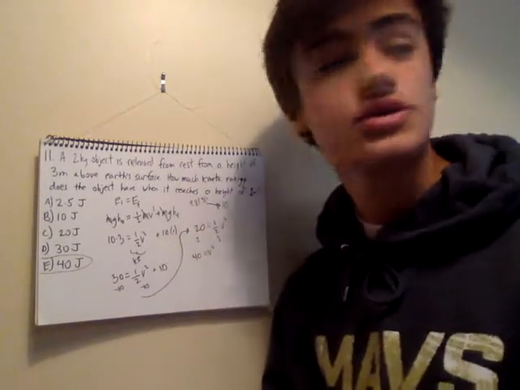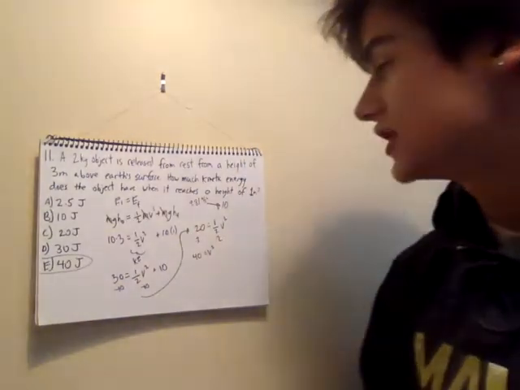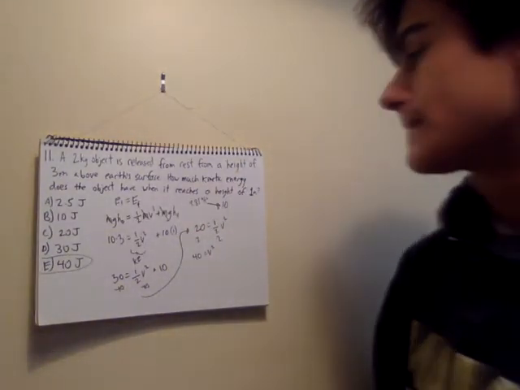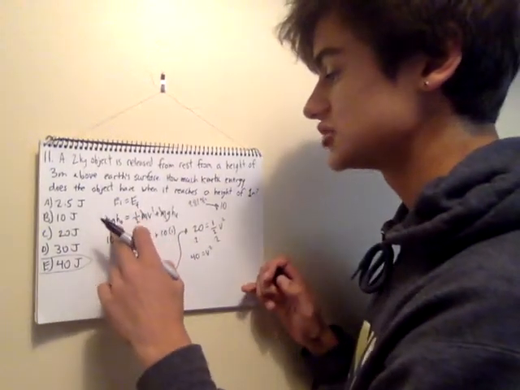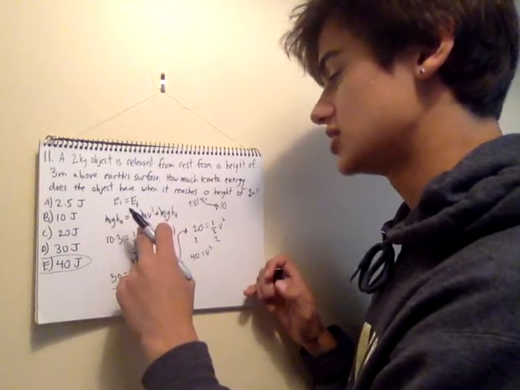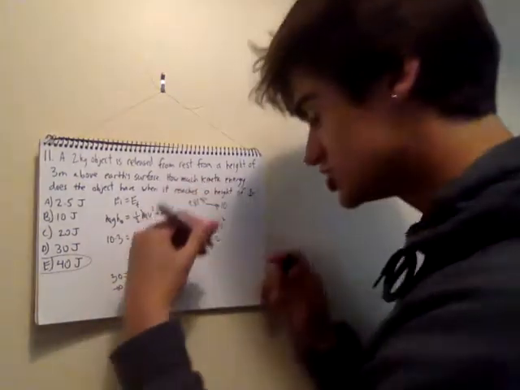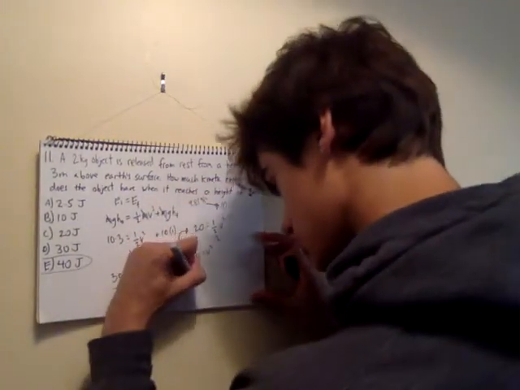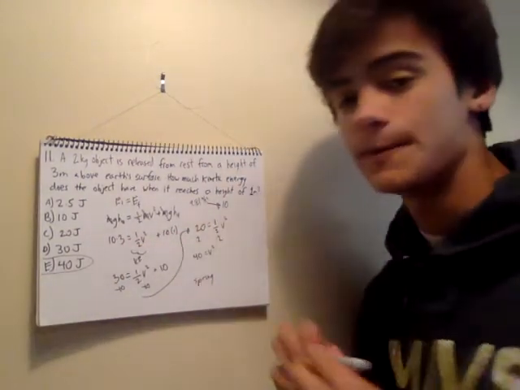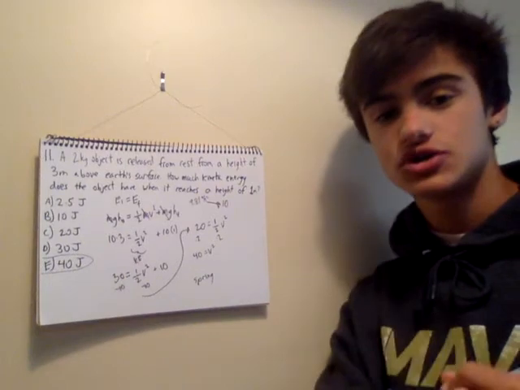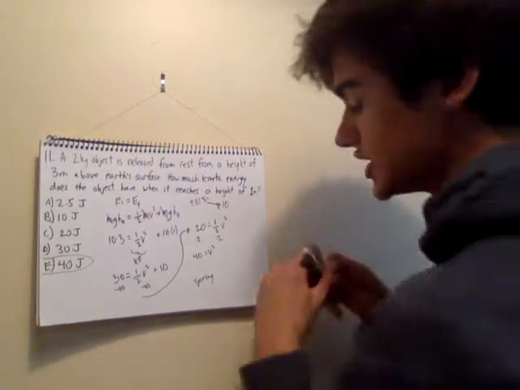So I want to take this time to explore another side of energy equations. There are different types of energy we can represent here. This is gravitational potential. This is kinetic energy. There's also spring potential energy, which, let's write this down here. This isn't in the problem, but it's an additional important part of energy equations that we're going to need a little bit later on the test.